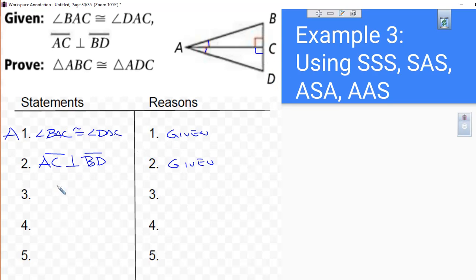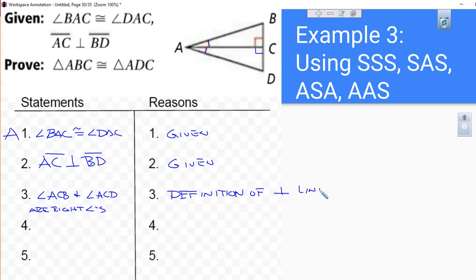So the logical step through here is once you determine that they're perpendicular, then you have to say that they are right angles. Okay, so we're going to say that angle ACB and angle ACD are right angles. And so this is going to be by the definition of perpendicular lines.